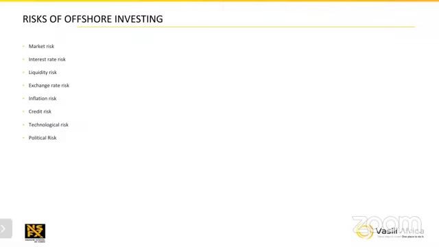So there are certain things you have to look out for, and certain things you have to take into consideration before you put your money there, okay? The same way there's a risk if you're in Nairobi and investing in Mombasa, there are also certain risks that you have to look at. The difference here is that this one is more global and it can hit very hard if not managed properly.